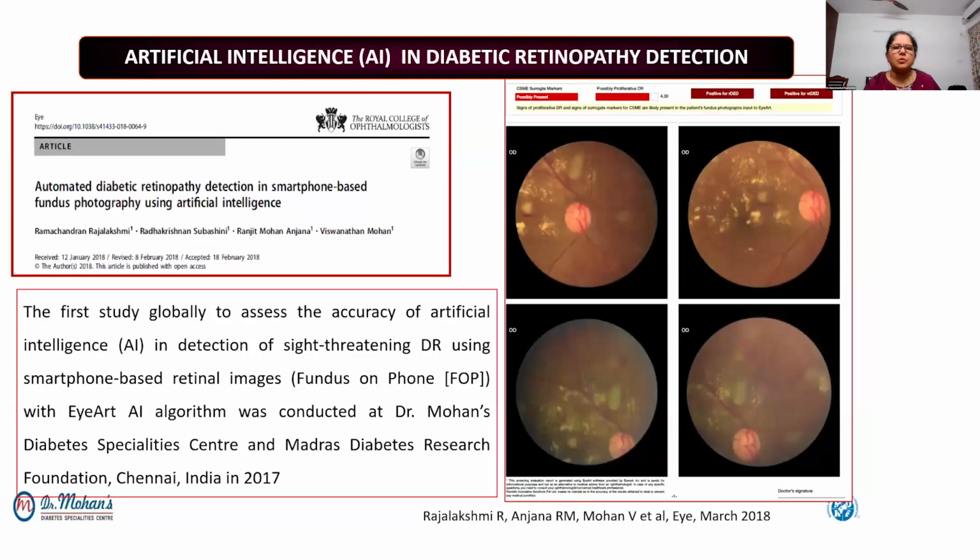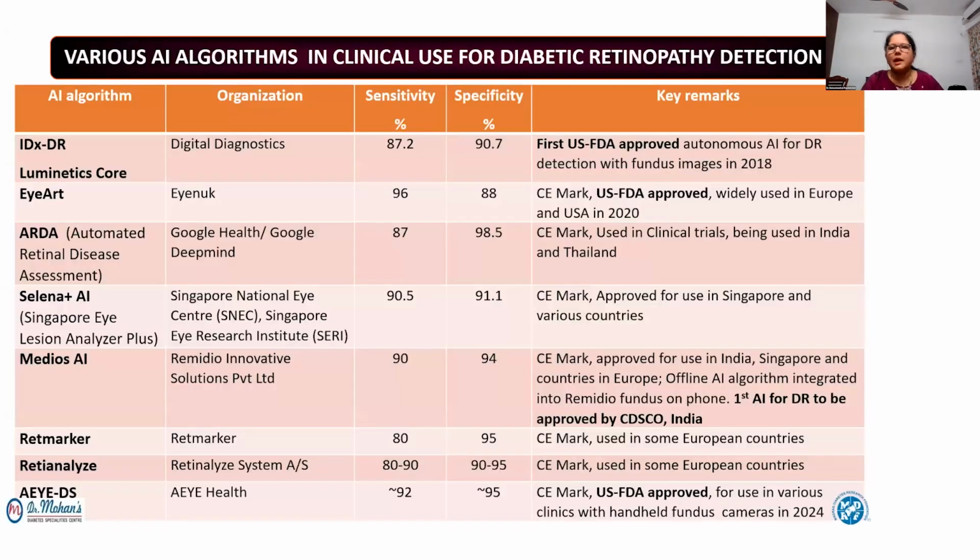As early as 2017, we used the Remidio fundus on phone camera with IART software, which is an automated artificial intelligence algorithm that can detect sight-threatening retinopathy. And we found that it could detect sight-threatening retinopathy with great sensitivity and specificity. There are many such algorithms available in the market, some of which are right now in clinical use.